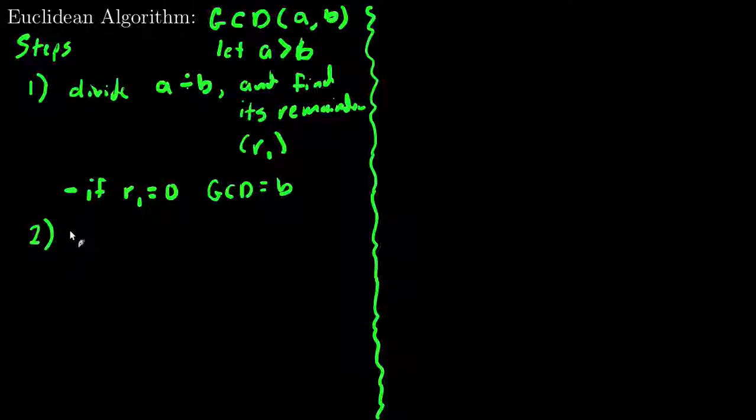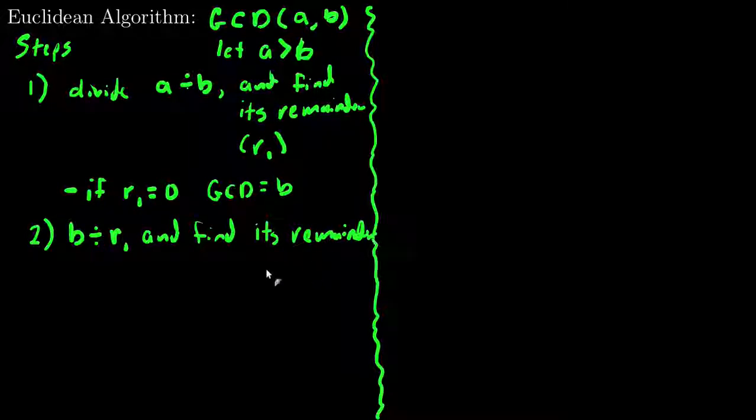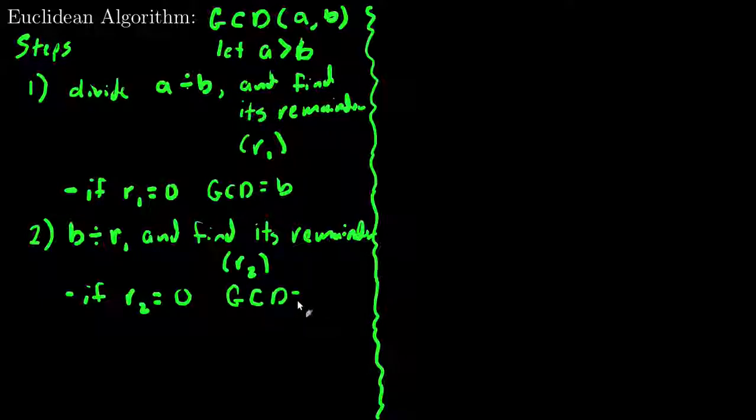And now I will do b divided by R1 and find its remainder. And I'll call that R2. And as before, if R2 equals 0, then the greatest common divisor is going to equal R1.